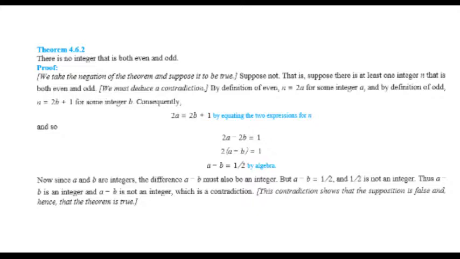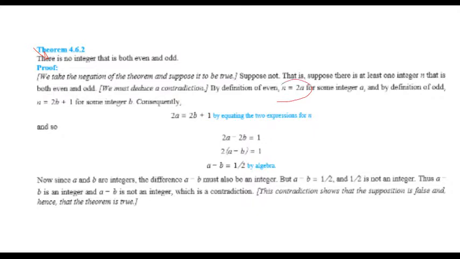To prove it by contradiction, we have to assume that there is an integer that is both even and odd. Okay, so let's assume that that integer is n.